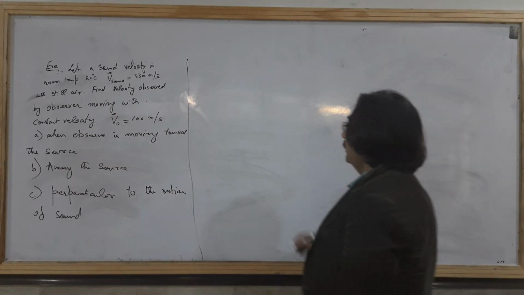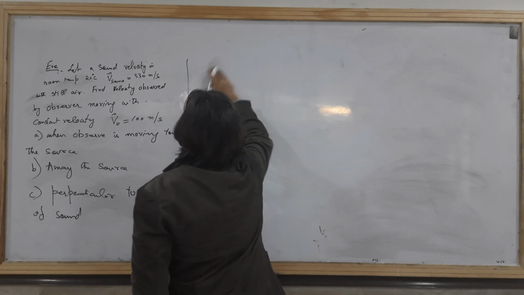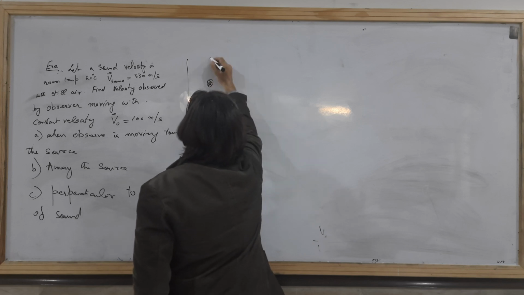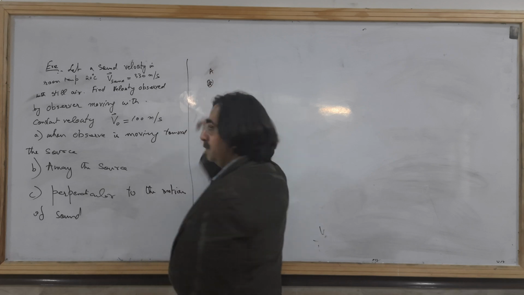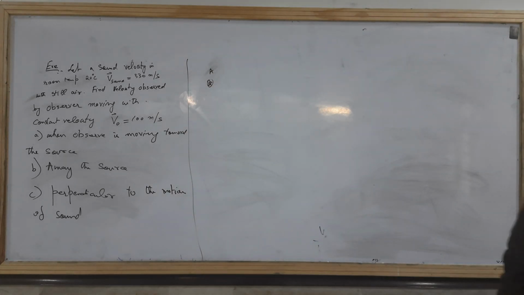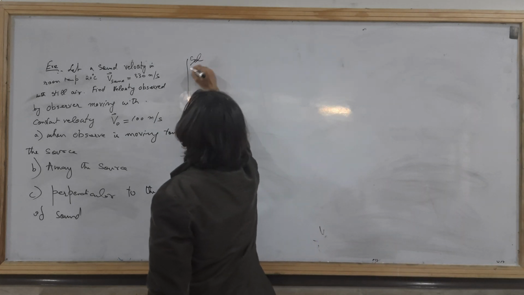So this is, let's suppose, A observer. A observer means source. Let's suppose the solution, okay.